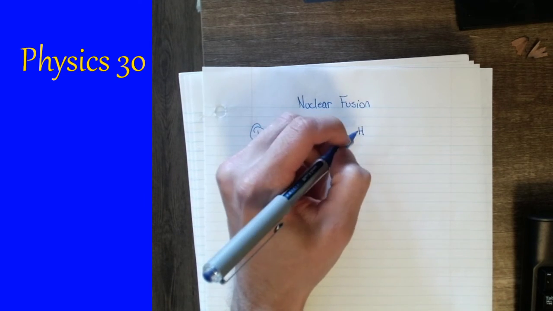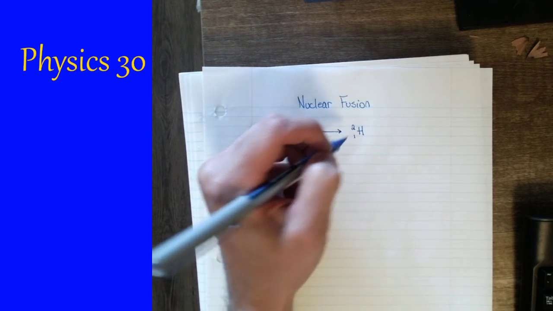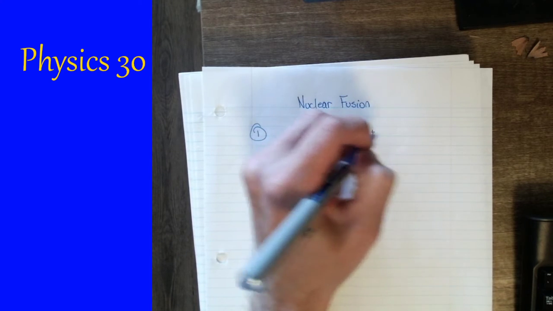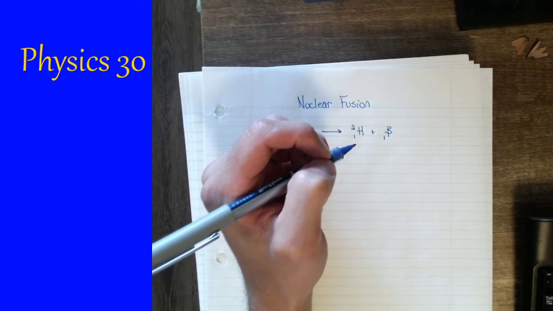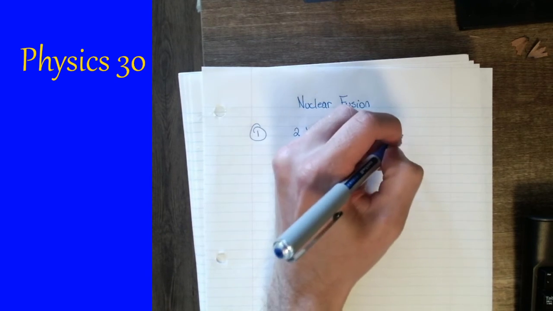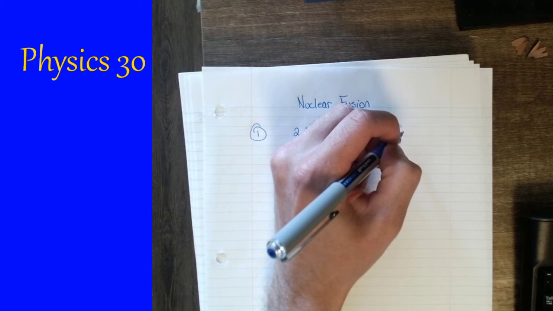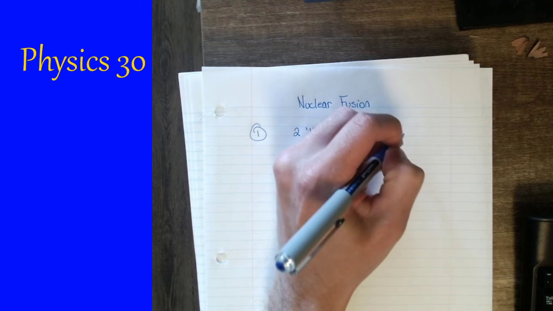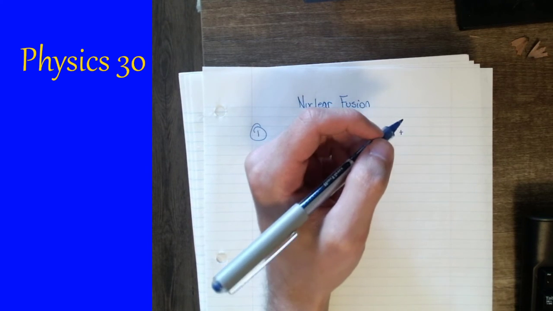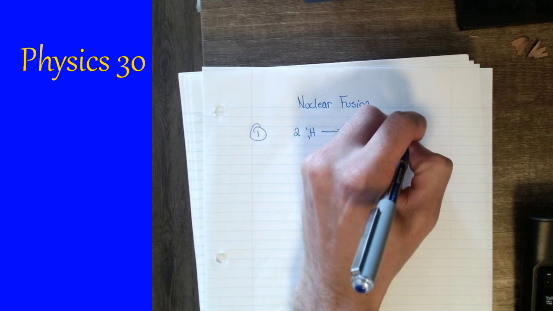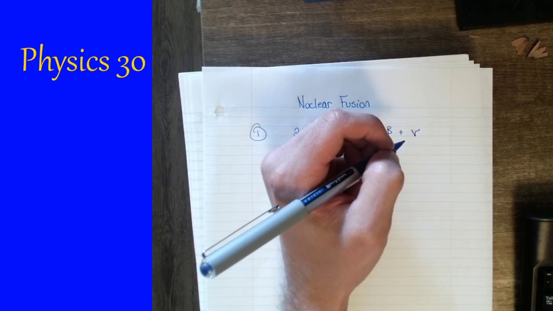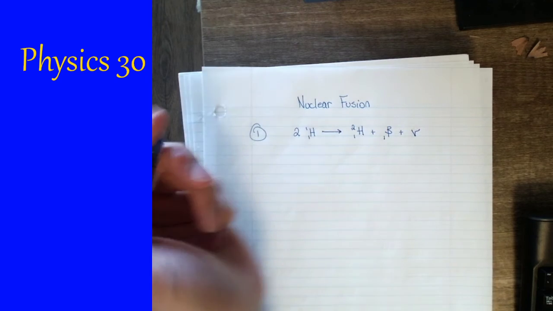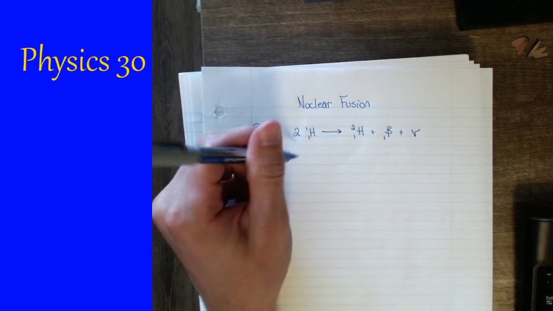If you squeeze them tight enough, that's going to form H 2,1 plus a beta particle plus a neutrino. Okay, so that's the process to begin with.